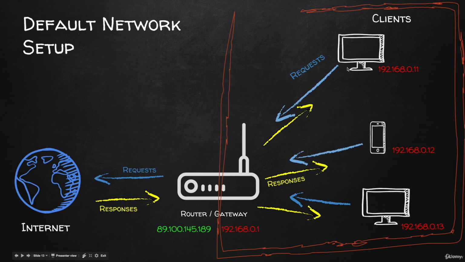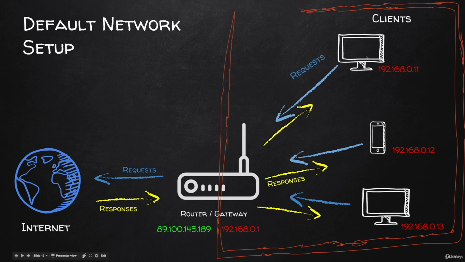So whenever they want to go to a website, for example Google, this device will send a request to the router. The router is going to go to the internet, get google.com, and the response is going to be sent to the router. Then the router will forward that response to the device that requested it.